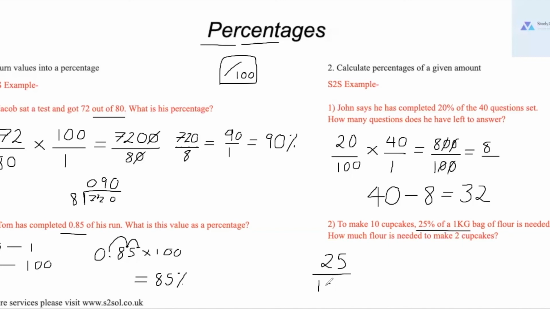However, if we would prefer to work with whole numbers, we can convert the 1 kilogram into grams. And that would simply be 1,000 grams. So we're going to do 25 over 100 multiplied by 1,000 over 1.